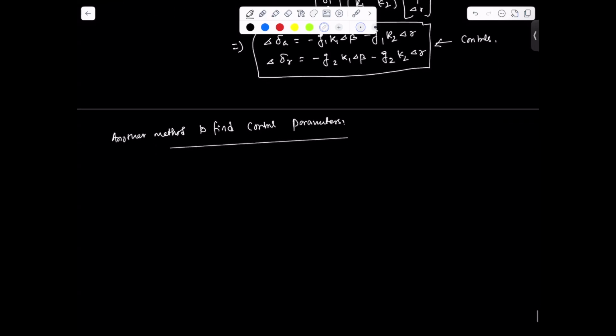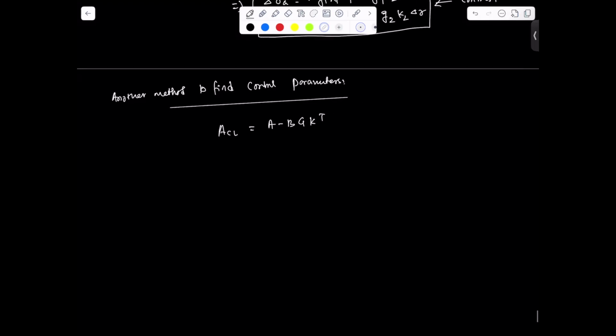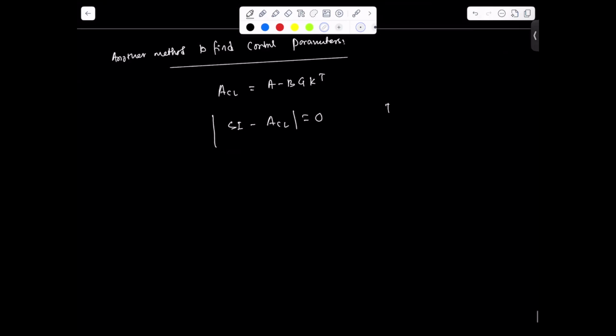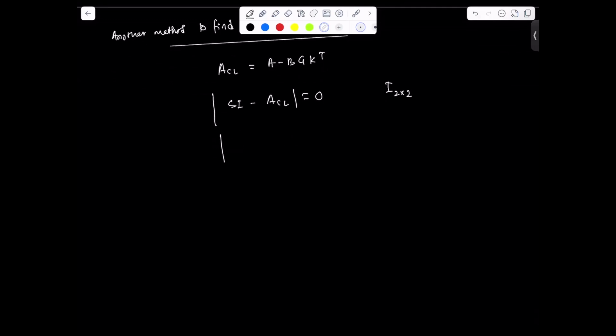So here basically A_CL is found to be A minus B G K transpose, and from this you can find the closed loop characteristic equation. So basically we can find determinant of sI minus A_CL equal to 0. So I is basically the 2 cross 2 identity matrix. So we have sI minus A plus B G K transpose equal to 0.